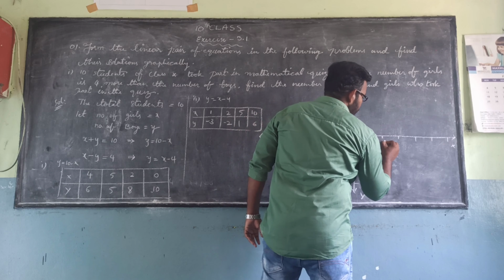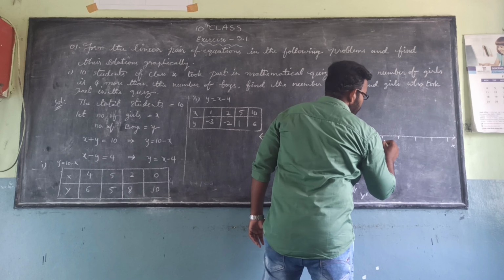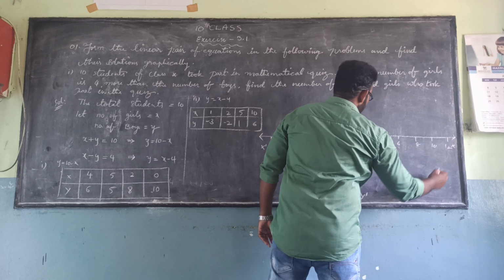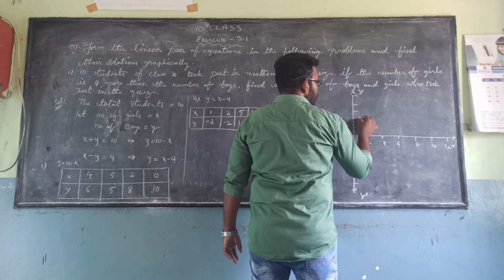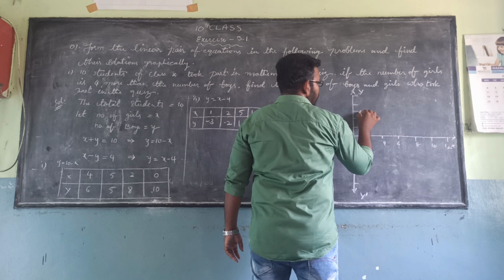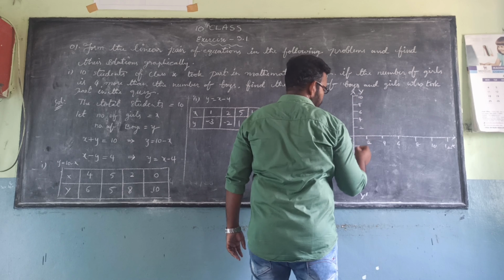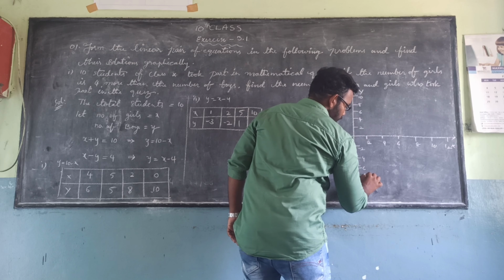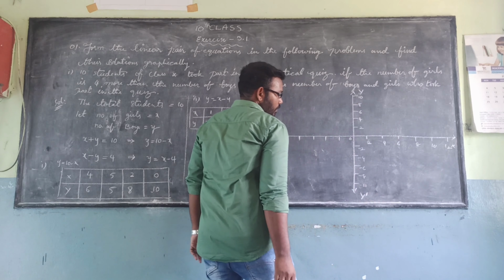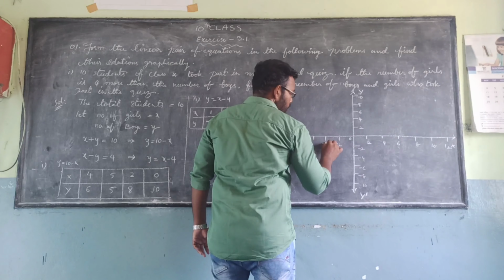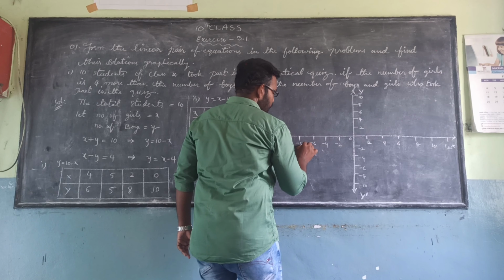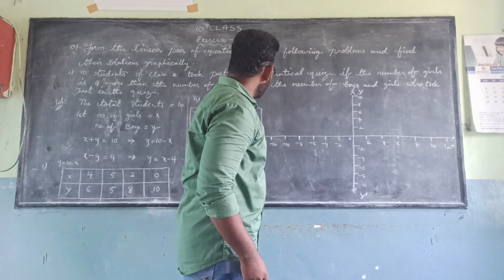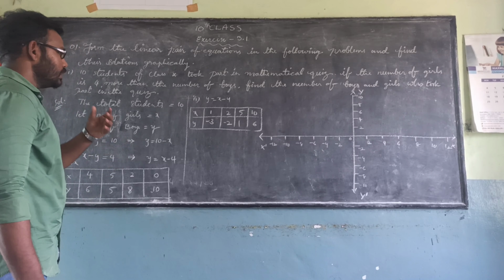This is positive: 2, 4, 6, 8, 10, 12. Here also positive 2, 4, 6, 8, 10. Here negative: minus 2, minus 4, minus 6, minus 8, minus 10. Here also negative: minus 2, minus 4, minus 6, minus 8, minus 10 and minus 12.